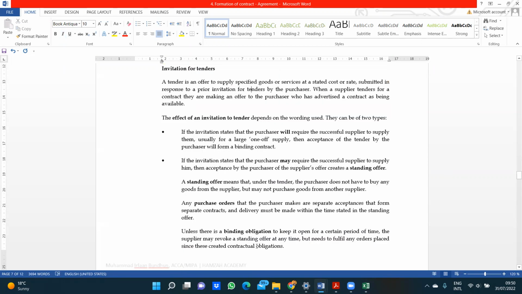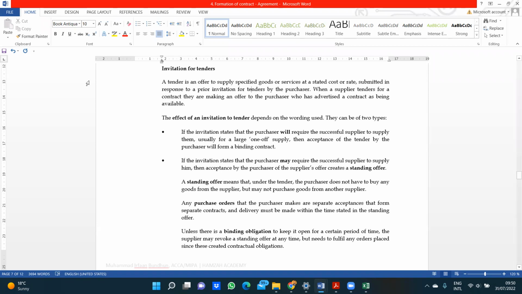Thirdly, invitation to tenders. A tender is an offer to supply specified goods or services at a stated cost or rate, submitted in response to a prior invitation for tenders by the purchaser.